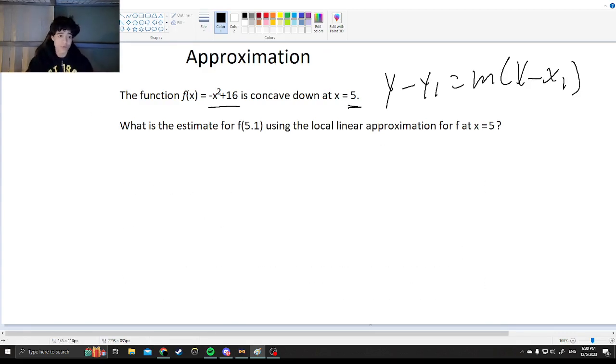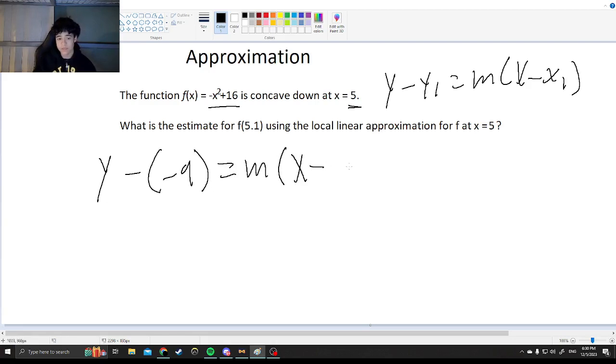So now what we're left with is y minus y1, which is what we get when we plug in 5, equals m times x minus 5. M is the slope, we haven't found that yet, and then x minus 5, which is our original x value.